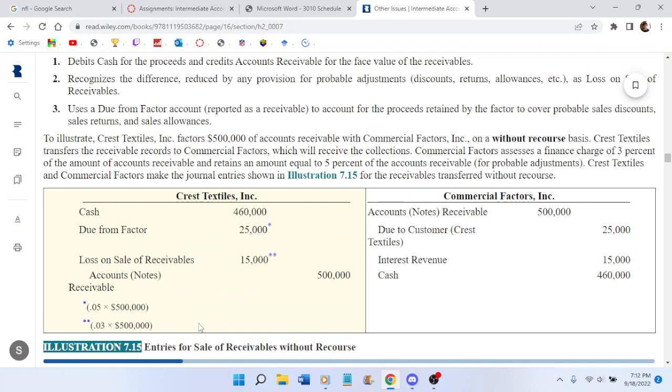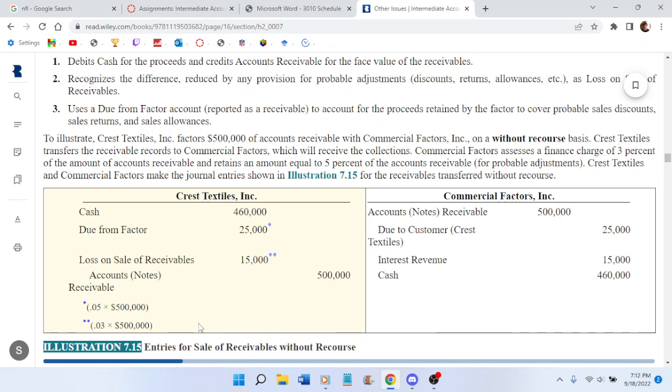I think that's accounts receivable. Oh, I know what that is. It's just messed up formatting. That's accounts notes receivable. Accounts receivable is credited, which means it decreases by 500,000. Their cash is reduced by that much amount.